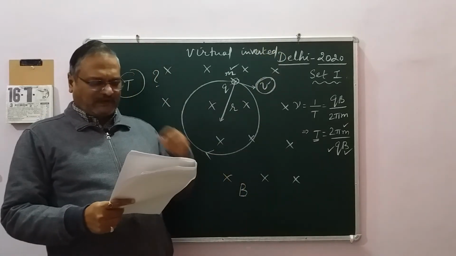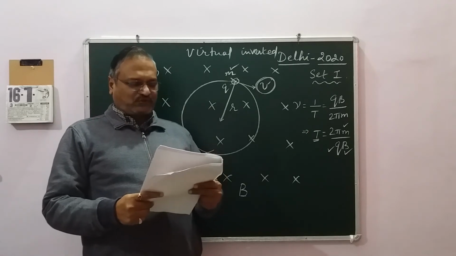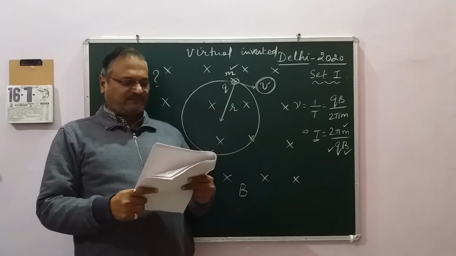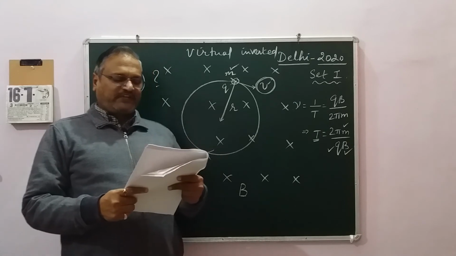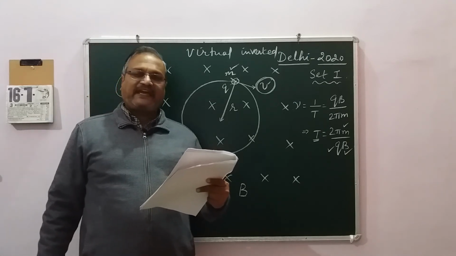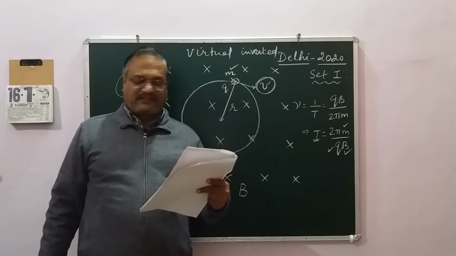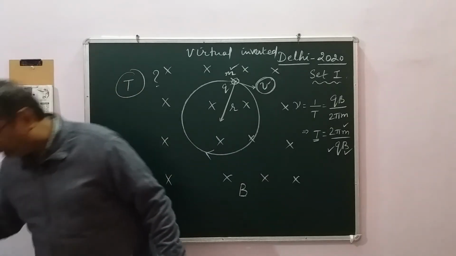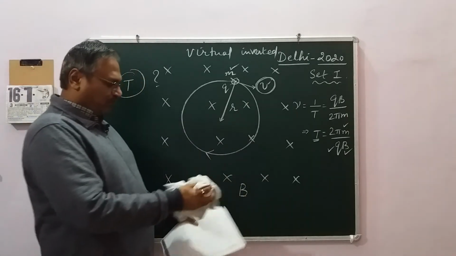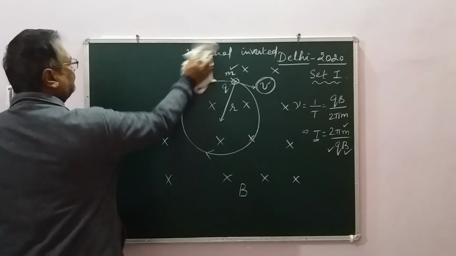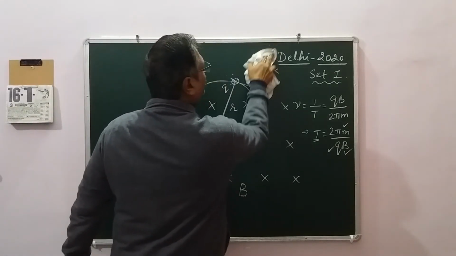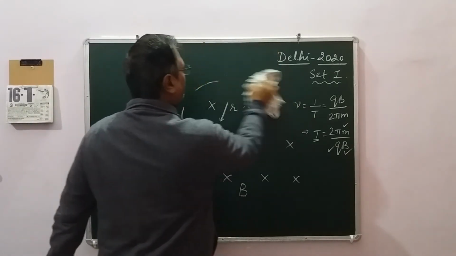Now, last question for today, we will do it. The shape of interference fringes in Young's double slit experiment. This is wave optics. Due to paucity of time, I am not able to shoot videos of other chapters.